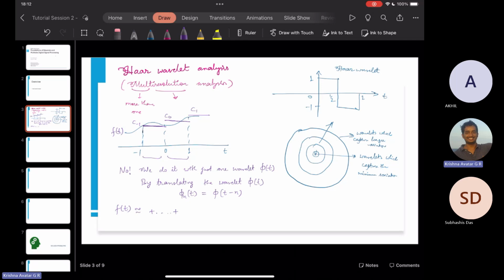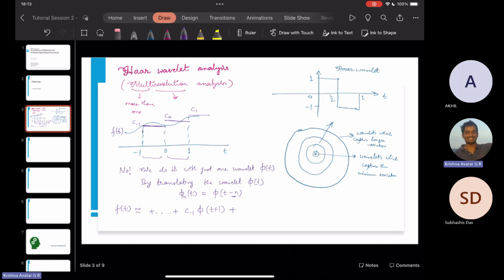Then at around t equal to -1, we can have c minus 1, which is the constant multiplier, and we just put n equal to -1 here. This would simply give us phi of t plus 1, because t minus -1 is t plus 1.